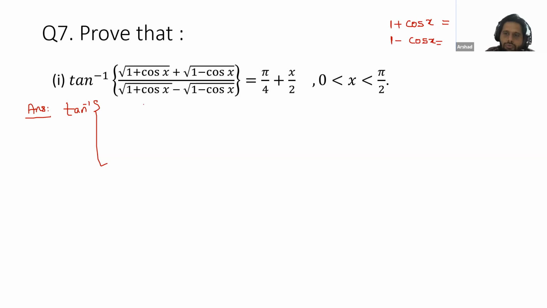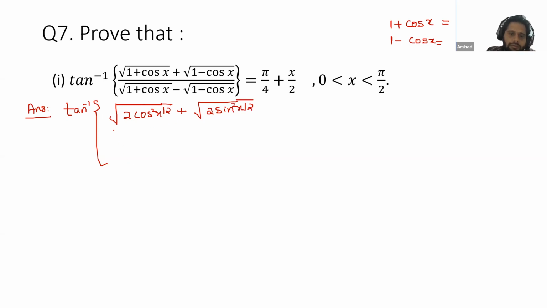2 cos square x by 2, and this is 2 sin square x by 2. So we have already used these two formulas. Now the same formula we will put here. Inside this 1 plus cos x, we can put 2 cos square x by 2, and inside this 1 minus cos x, we can put 2 sin square x by 2.